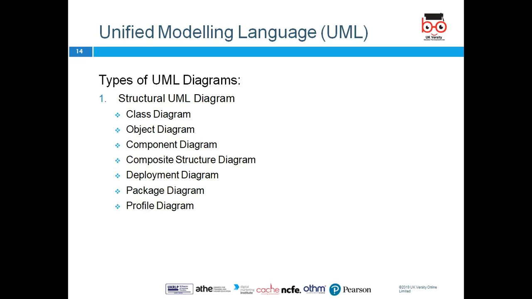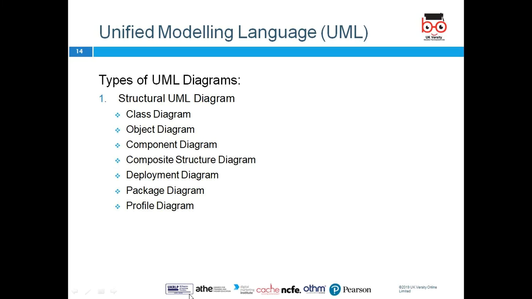UML is what you would be learning. There are two types of UML diagrams. One is the structural UML diagrams. Those diagrams give you the structure of the components, for example, the diagram of the class, the diagram of the object.